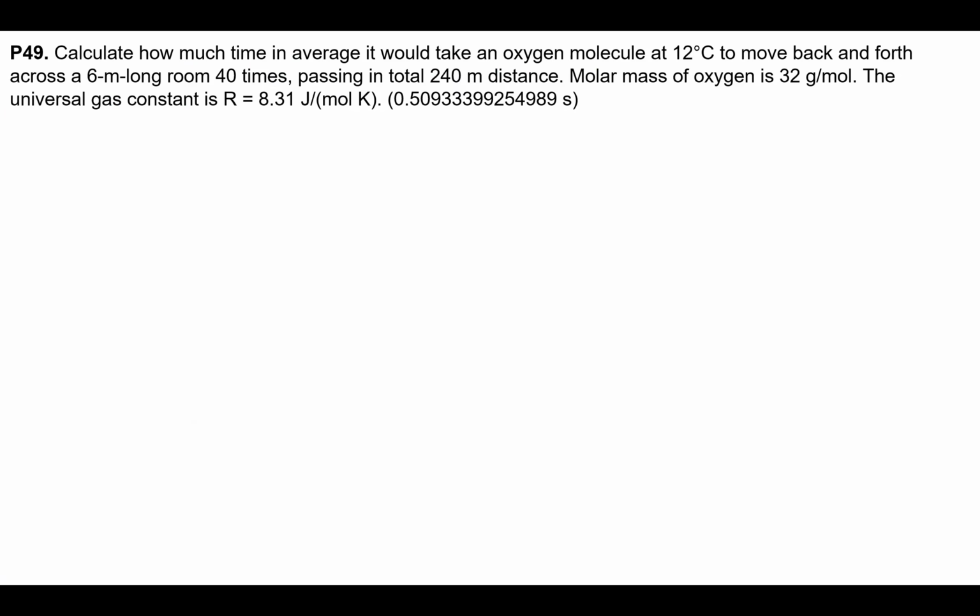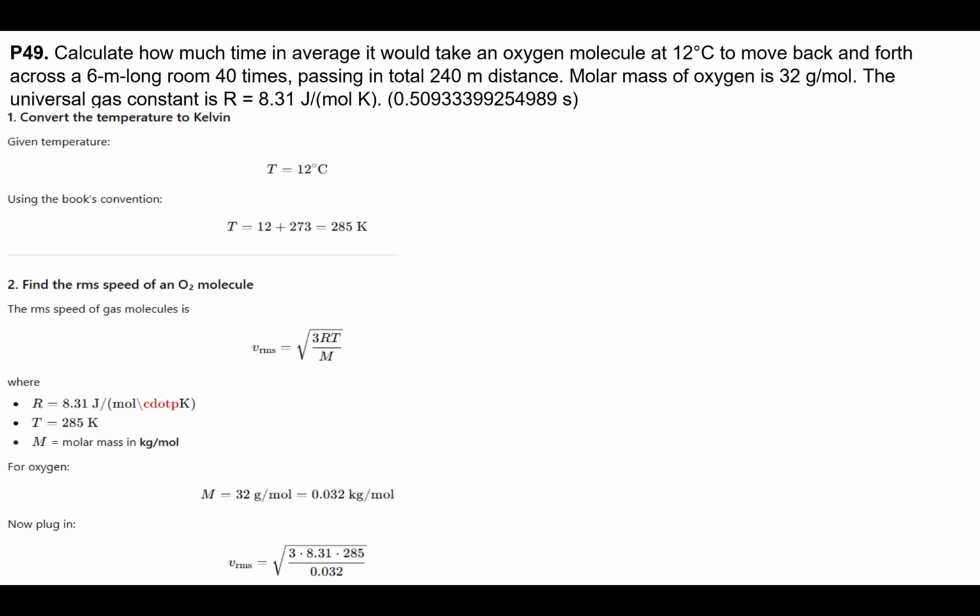Calculate how much time on average it would take an oxygen molecule to move back and forth across a 6-meter-long room 40 times. If you think about this, first we change the temperature to Kelvin.